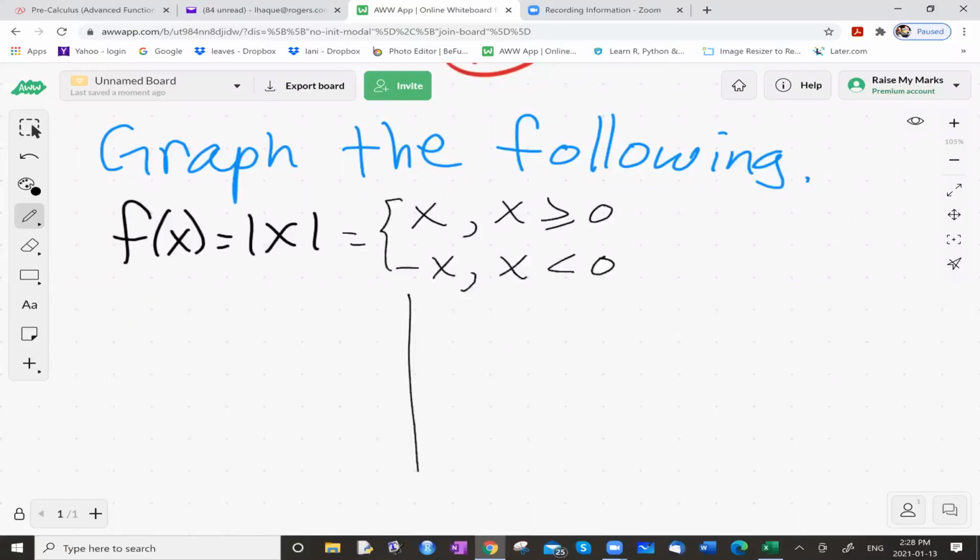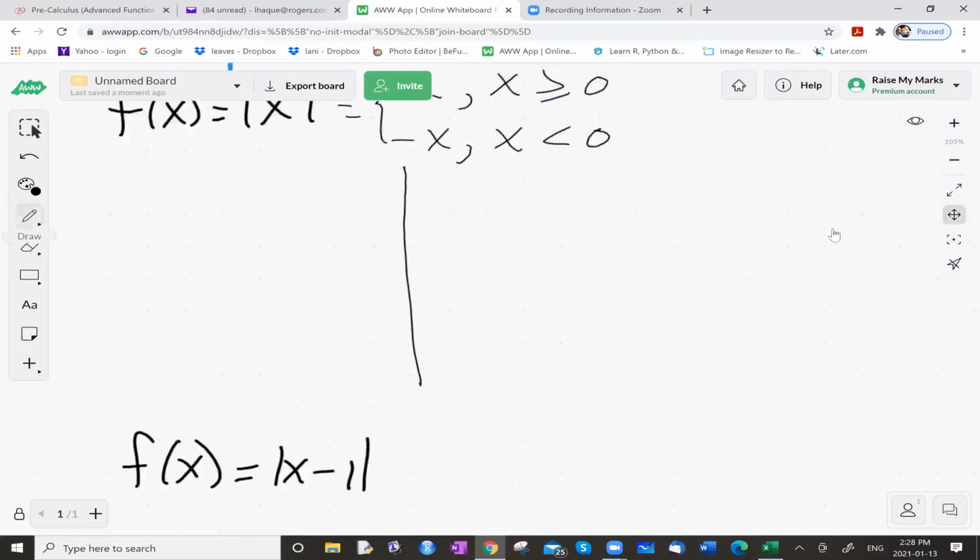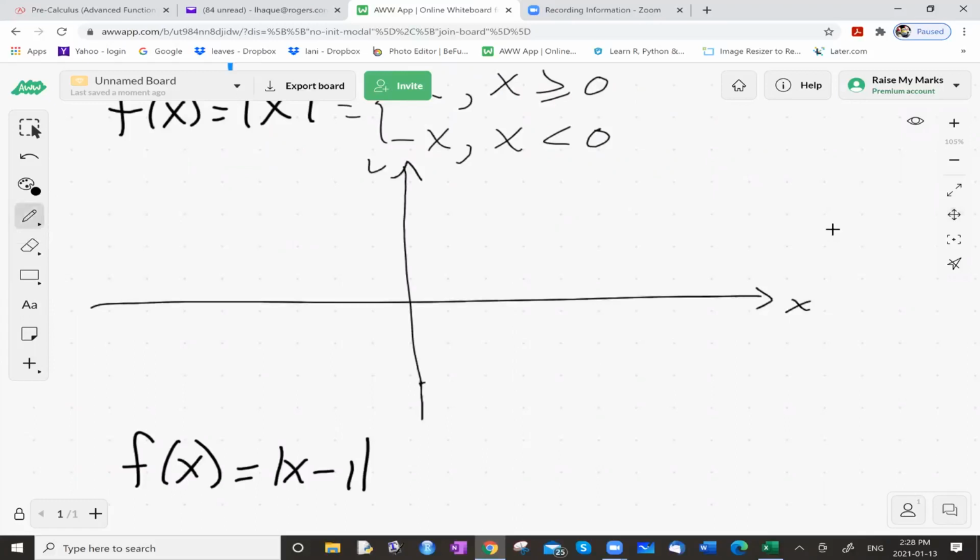So we're going to draw our x and y axes. Let's get a little bit more space. So when x is greater than or equal to 0, our function looks like a line y equals x.